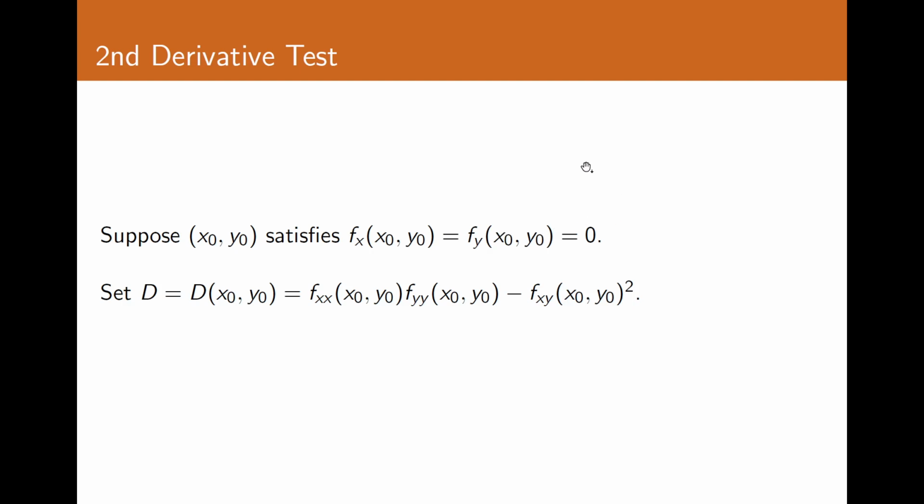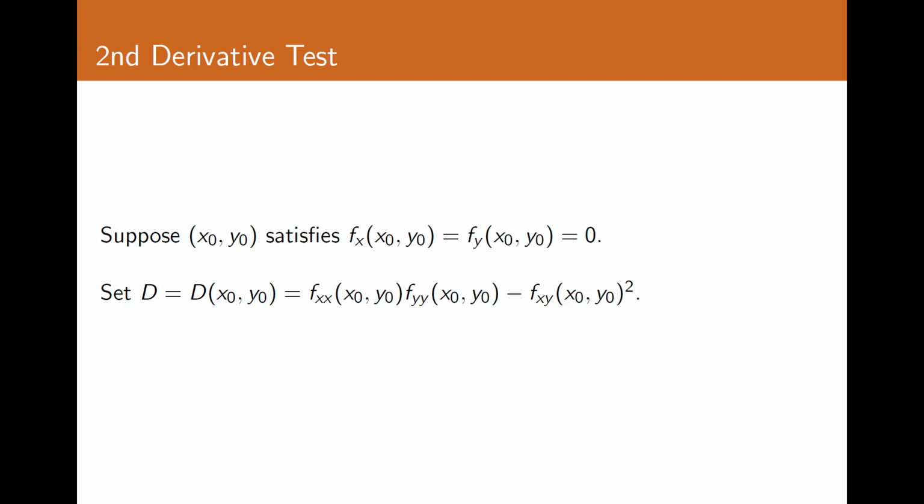Let's set D, which is really a function of x₀ and y₀, but we'll suppress it from the notation just to save some space. This is the second partial derivative of f with respect to x both times, times the second partial derivative with respect to y both times, minus the square of the mixed partial derivative.